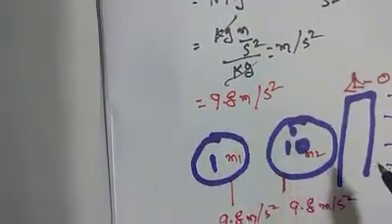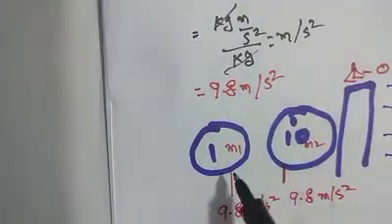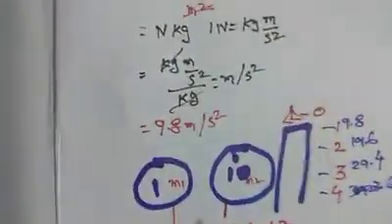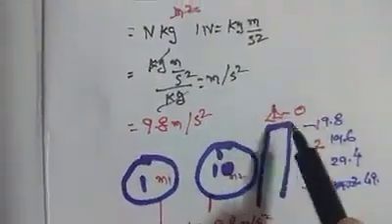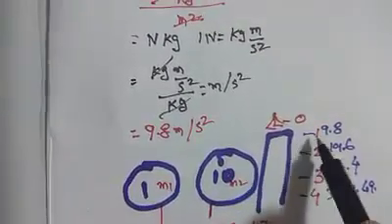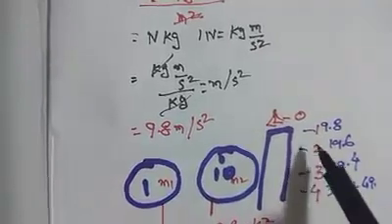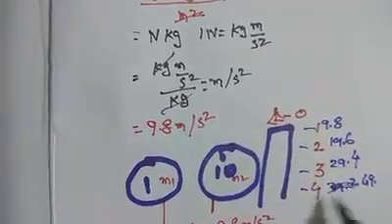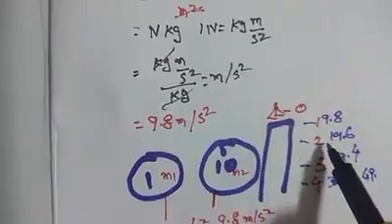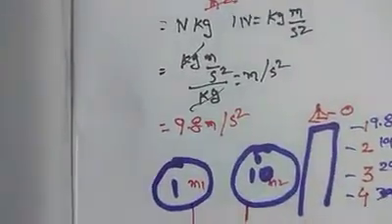And from there we have come to the conclusion that whatever be the mass, 1 or 10, it would be falling at 9.8 meters per second square. Also, what is important is that when this ball is dropping, its velocity would be 9.8 and it would be increasing. But don't mind my values, this calculation might be wrong. It would be 9.8, 19.6, plus 9.8 and so on.